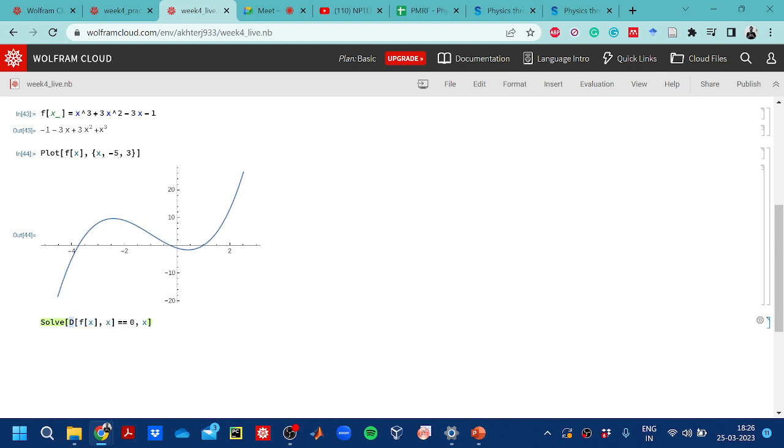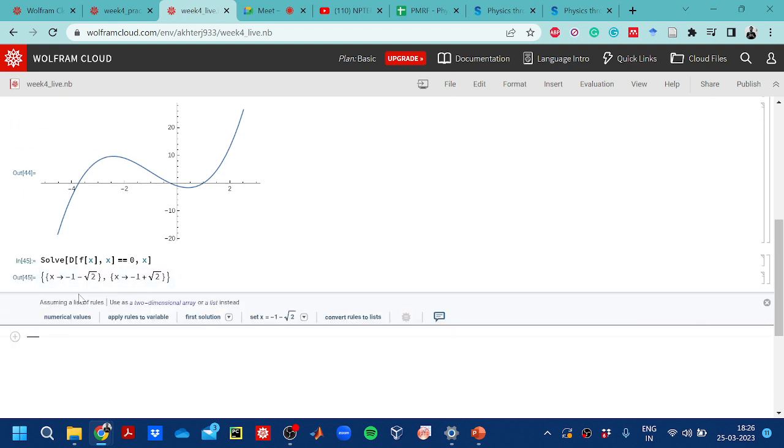So we are writing that the derivative of the function should be 0, and we want to solve this equation to get the value of x.